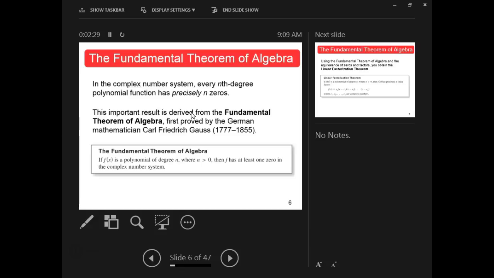This important result is derived from the fundamental theorem of algebra, first proved by German mathematician Carl Friedrich Gauss. You talk about pretty impressive characters in mathematics. This was one. Of course, Newton rates really high. He developed calculus. Leibniz did too, so he rates fairly high.